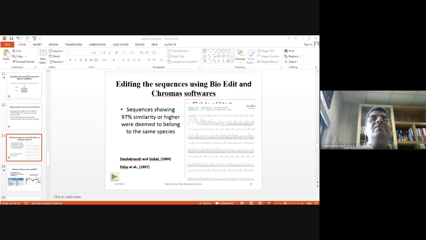And the denaturant here is polyacrylamide. Polyacrylamide is a denaturant agent here, and the concentration is increased from 0% to 100%.